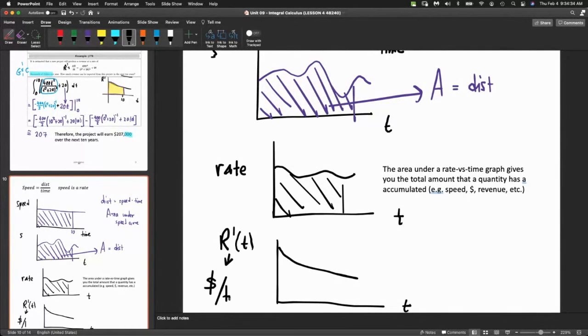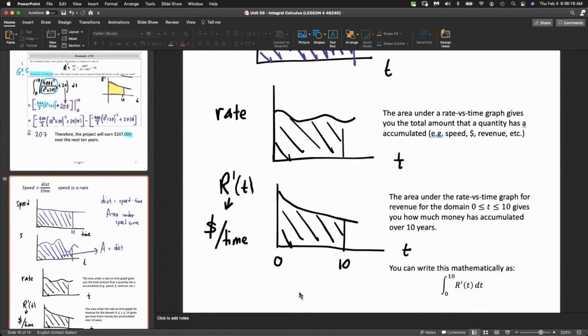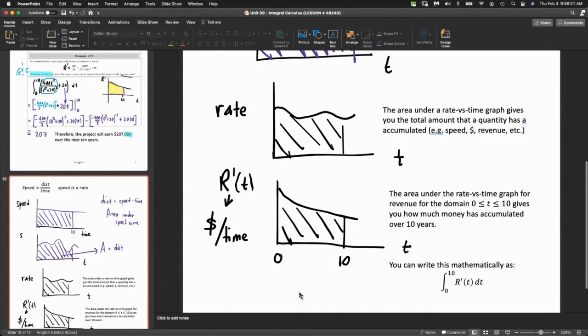It's dollars over time. And if you want to find out the accumulated amount of money, then you find the area. So if it's for 10 years, like that, so there's what I'm trying to say to you in the previous question.